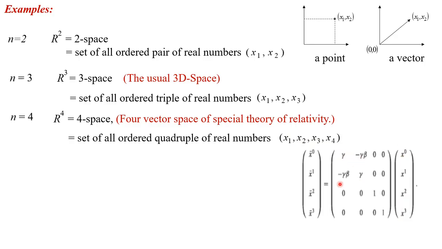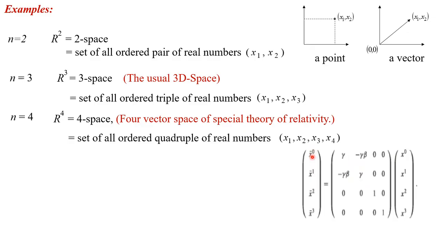And this 4 by 4 matrix is a transformation. Remember, in our basic linear algebra, you studied matrices, and matrices are called transformations. In the case of special relativity, this transformation is called a Lorentz transformation. And a Lorentz transformation converts a 4 vector from one inertial frame to another inertial frame.